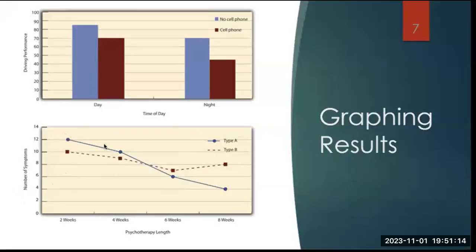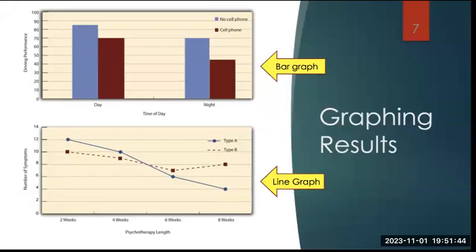So as you can see here, type A personalities, the longer they were in therapy, the fewer symptoms they demonstrated, whereas type B didn't seem to be as affected. And in fact, it actually went kind of reversed at the end. So these are different ways that we could graph the information that we're getting, and the visuals really help us understand what kind of effects are happening.